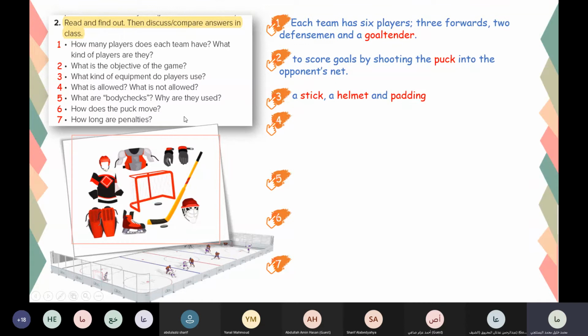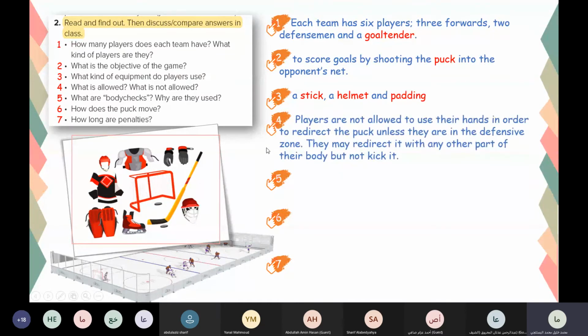Number 4, Abdullah Amin. Yes, what about number 4? What is allowed, what is not allowed? Good. Yes. Look at the answer.